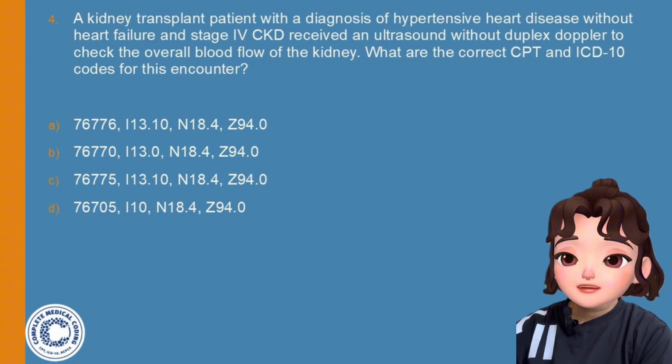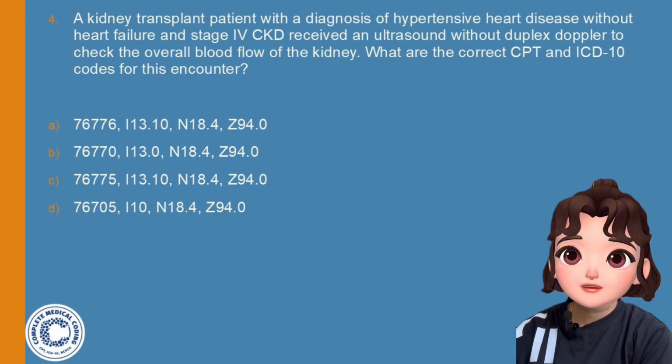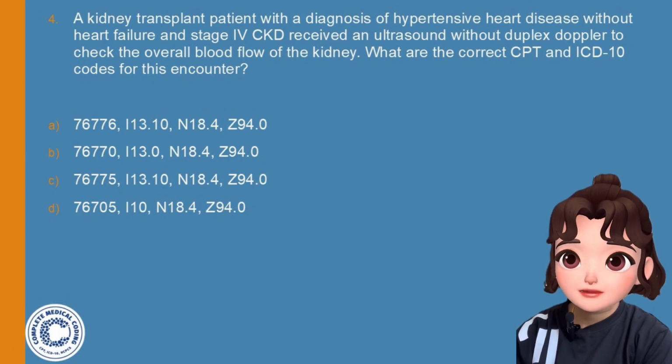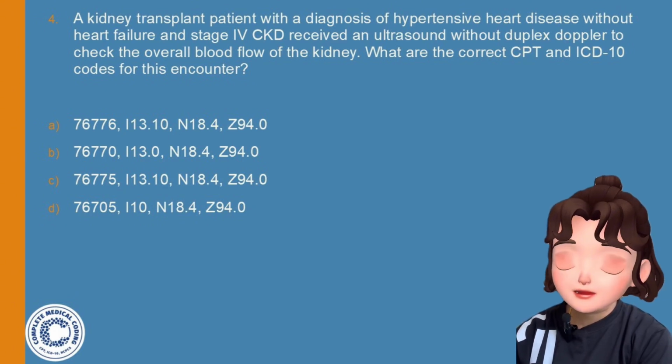So now we have to check the CPT codes. We need to check only options A and C, right? Because the ICD in options B and D is incorrect. So just go to options A and C. What are the CPT codes? 76775 and 76776. From this you have to find out which is the correct CPT.